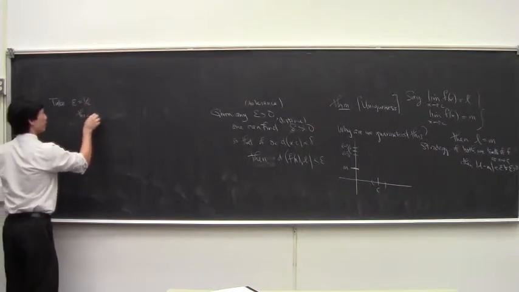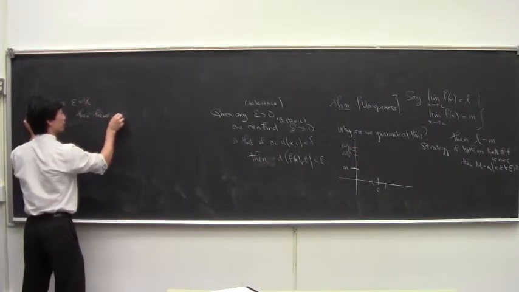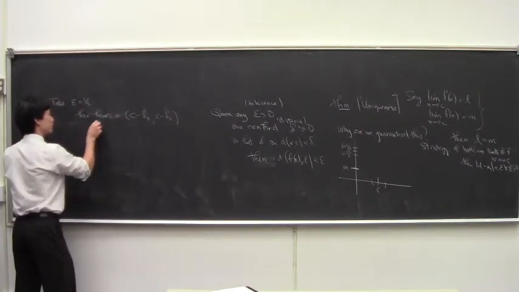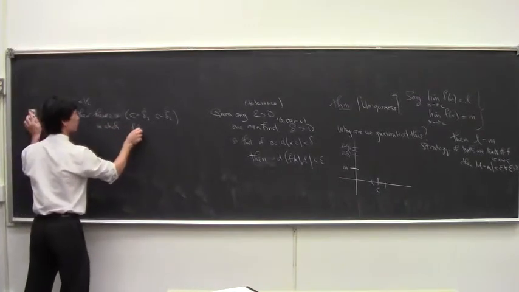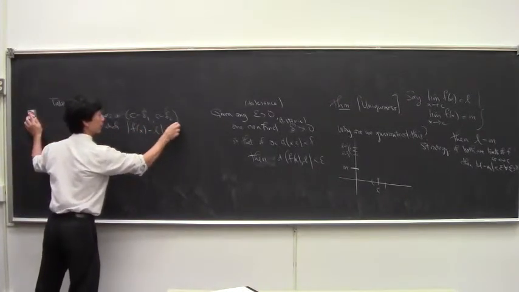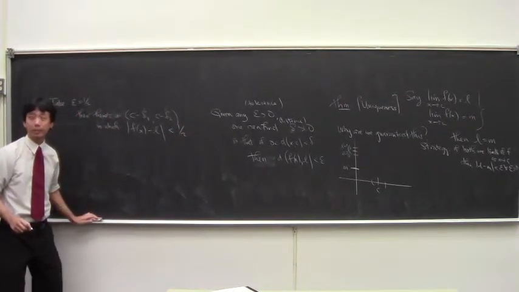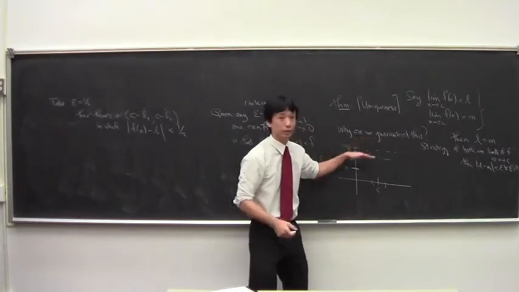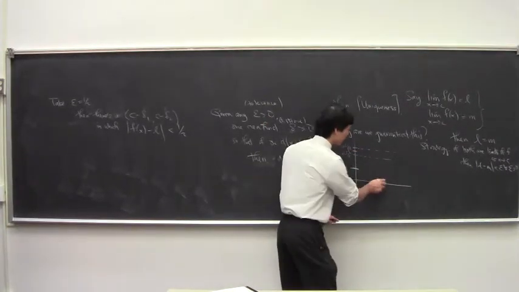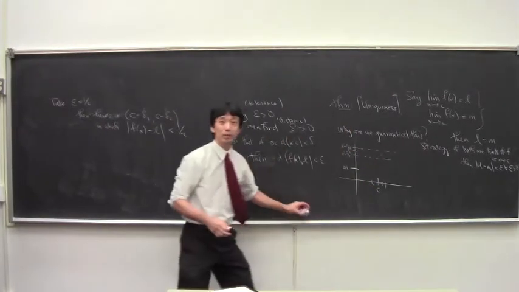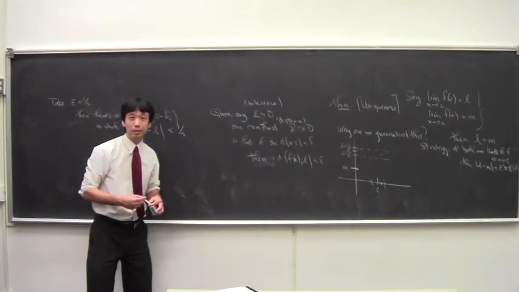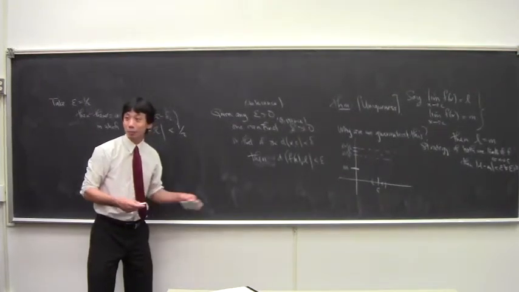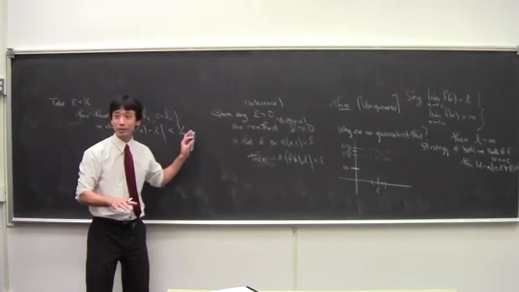Then there's an interval c minus delta 1, c plus delta 1, in which the absolute value of f of x minus L is less than a half. I know that everybody in here lies in the half interval around L. If I take any point here, it's going to lie between the bars. Everyone all right? Any questions? Feel free to stop. I know this is a little bit weird.